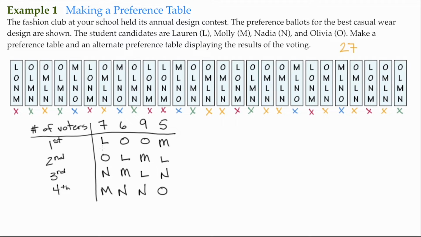So this is the preference table. That's this one right here. That represents or sums up how everyone voted. Now, an alternate preference table is, rather than have the number of voters, we're going to have the candidates.